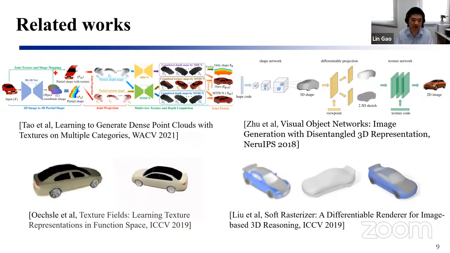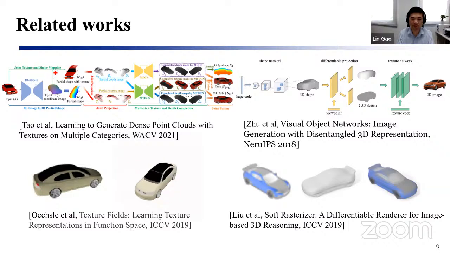One way, as we mentioned in the last slide, is that we could use the point cloud to represent the 3D model, so we also could use points with colors to represent the textured 3D model. For each point in the point cloud, we could define a color.